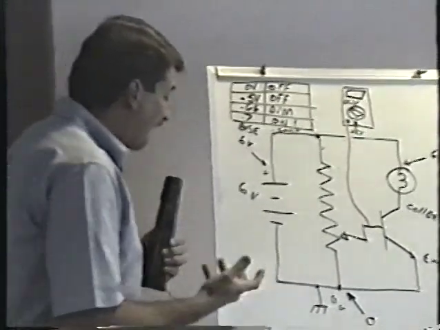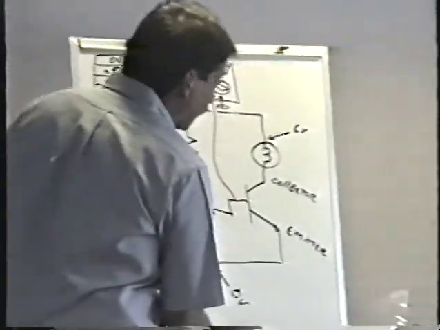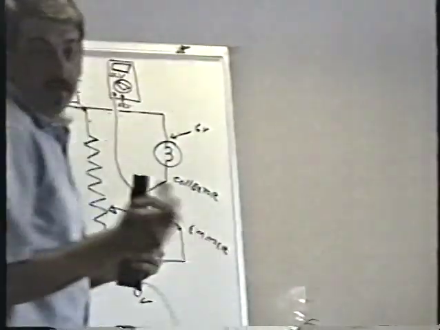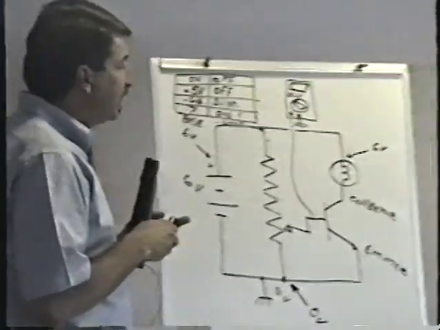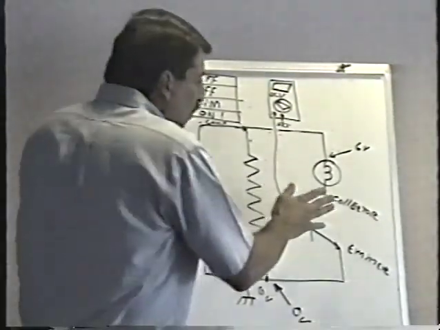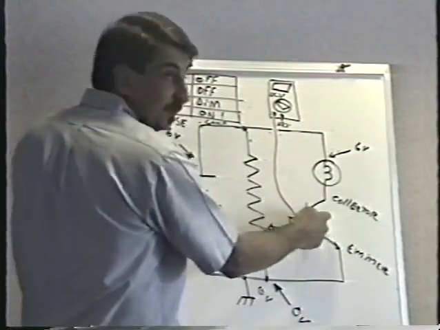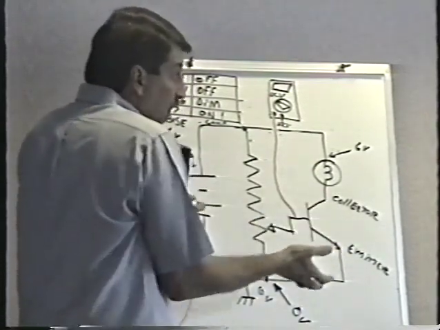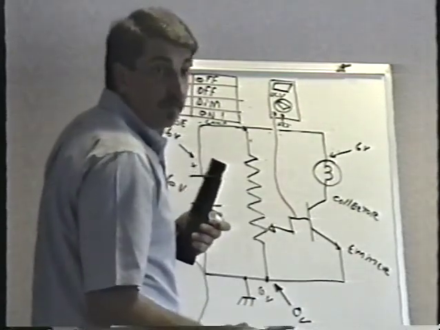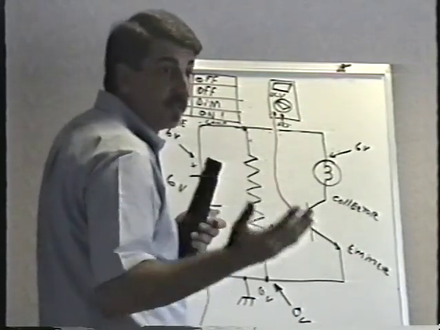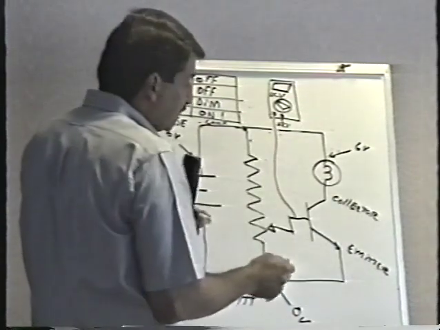It can also act like a variable resistor. If you look at this, when the transistor's turned off, and there's no connection between collector and emitter, there's really millions and millions of ohms there, right? It's like an infinite resistance. It's a tremendous amount of resistance.